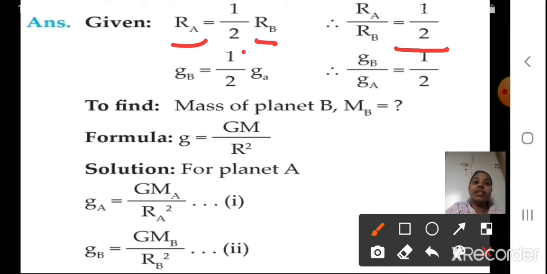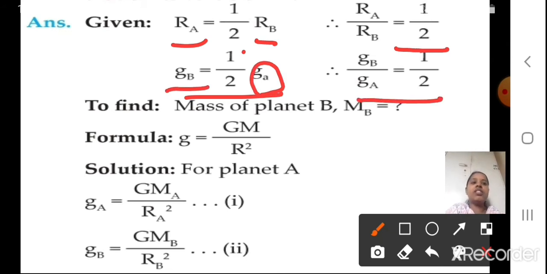Then gB, the g value on B, is half of gA. Now this gA can go in division to gB, and it will become half. So gB upon gA is equal to half. This A you can write as small or capital also.